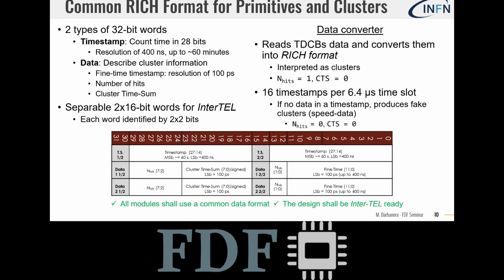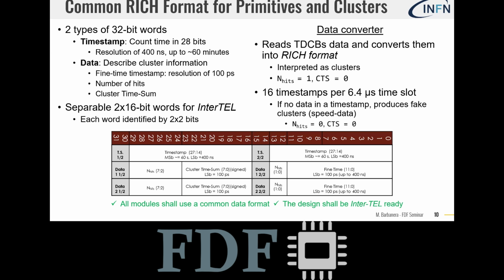So the two types of words are timestamp and data. The first one is a timestamp for events with a resolution of 400 nanoseconds, and the other one is the data that describes a cluster with a fine timestamp with a resolution of 100 picoseconds as produced by the TDCBs, the number of hits of the cluster, and the cluster time sum, a field that we will see later, which is used to compute the average time of the cluster.